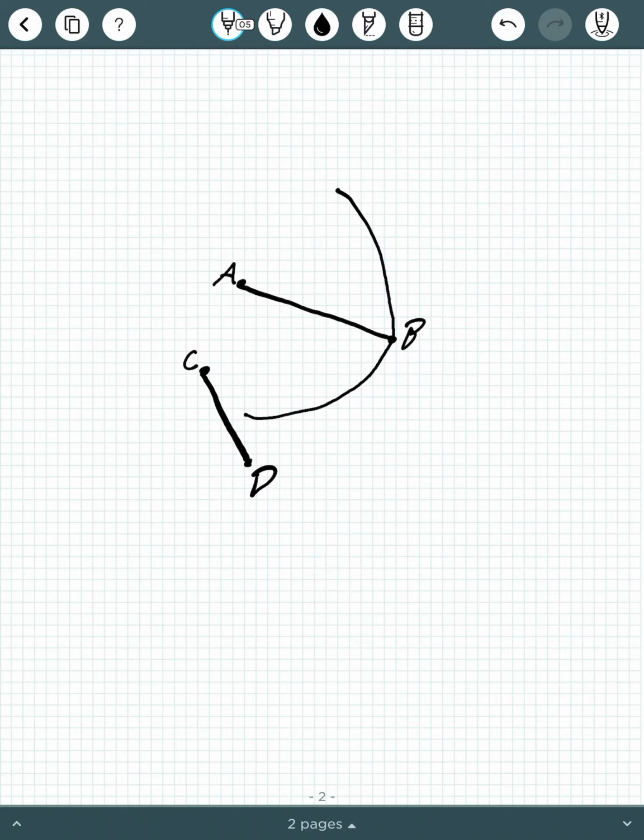You could then reverse that and put the sharp edge of your compass on B and your pencil on point A to draw another arc. By doing that, if you were to use your straight edge to connect where those arcs intersect, you would end up getting the perpendicular bisector of chord AB.